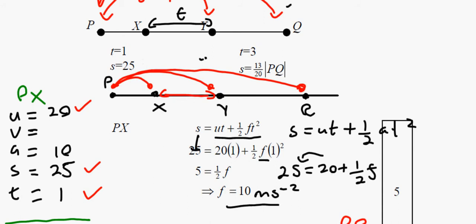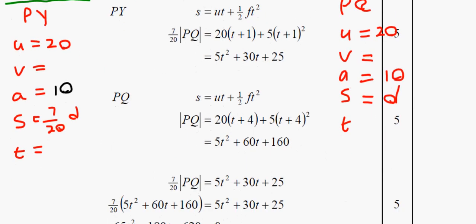So the next thing you need to find is the time. The time for this one is t plus 1, and the time for this one is t plus 4. Now to decide what you're going to do next, you have two variables here. So we can get two equations with two variables, and that should mean that we should be able to solve this. So first we're going to work with PY.